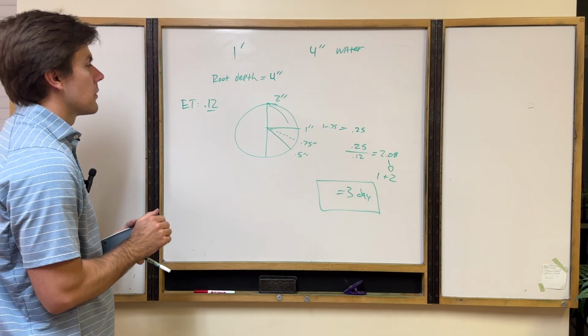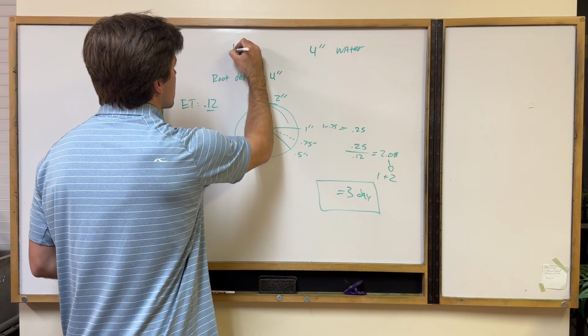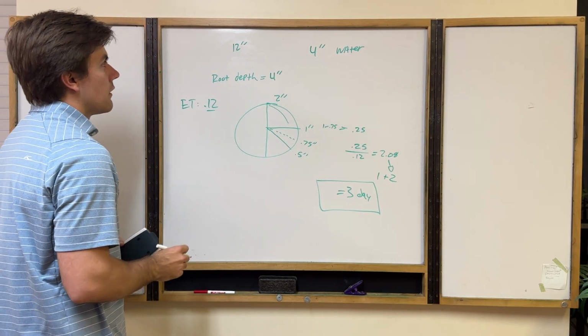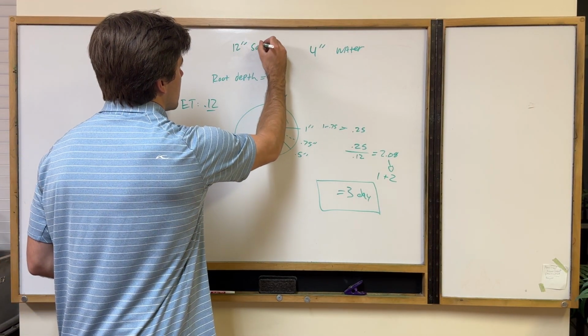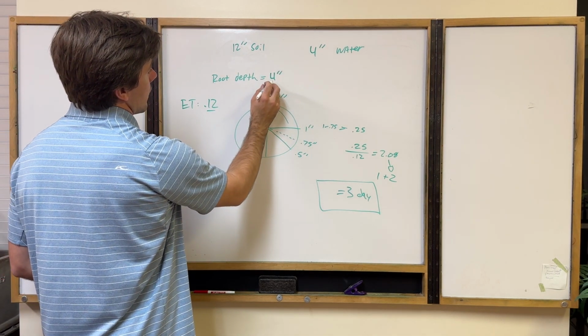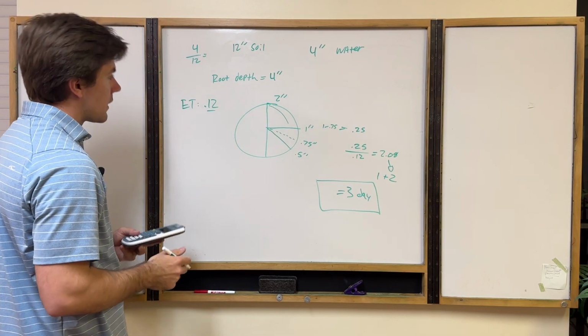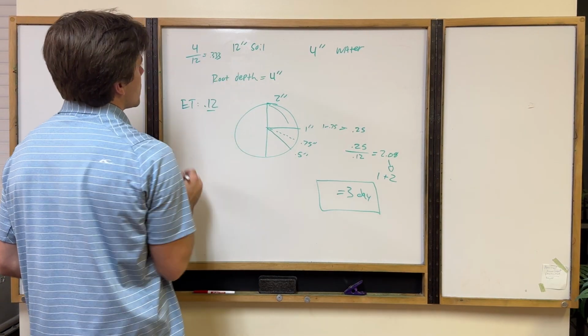It's going to be easier if you move that to inches, I think. 12 inches of soil gives you 4 inches of water. 4 divided by 12 is 0.33, which is also just a third.